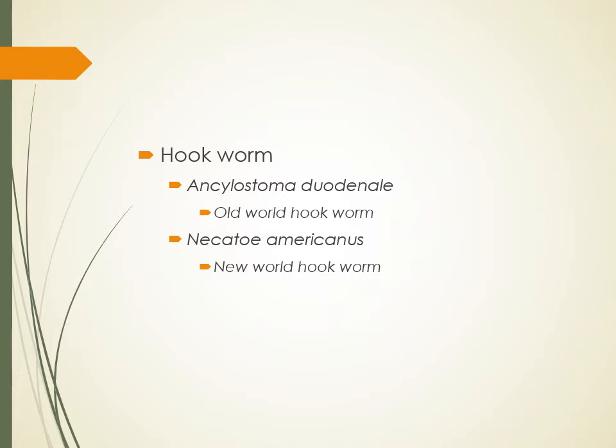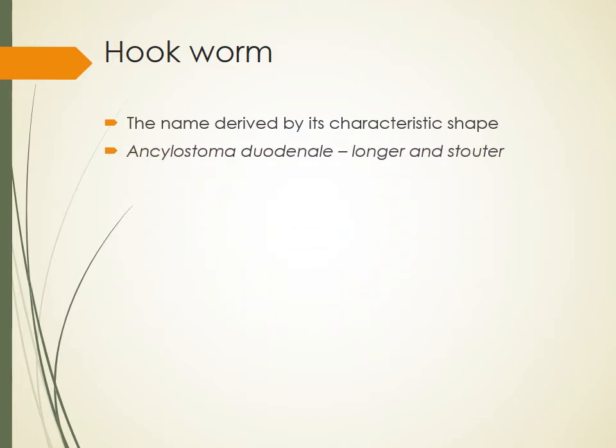There are differences in the morphology, which we'll see later on. The hookworm name is derived from its characteristic shape, that is hook-like, because the worm is bent, giving a typical resemblance to a hook. Ancylostoma means hook-like body, and as it is seen in the small intestine, the name duodenale is derived from that.